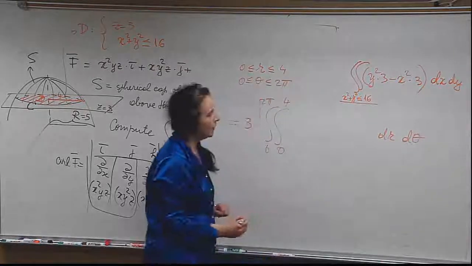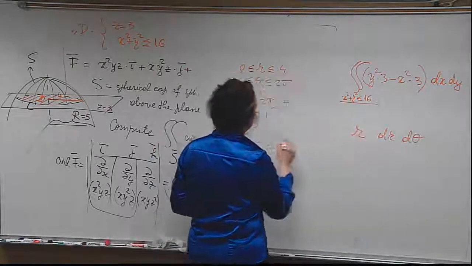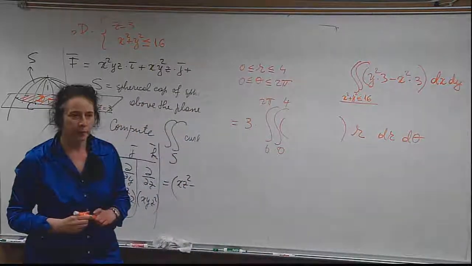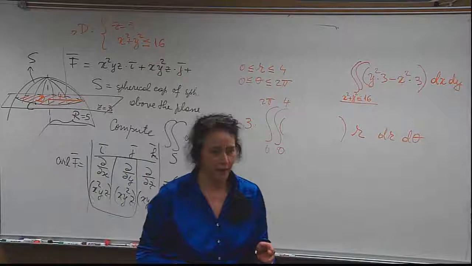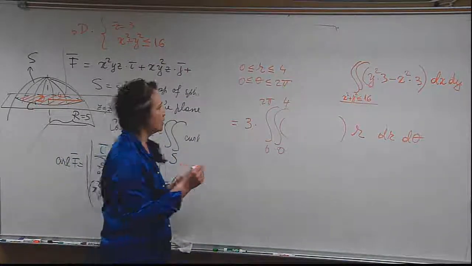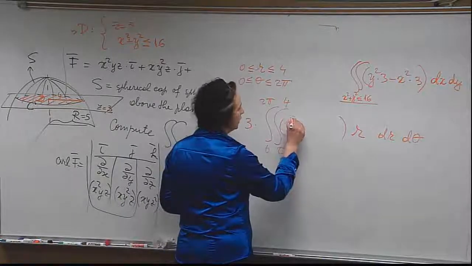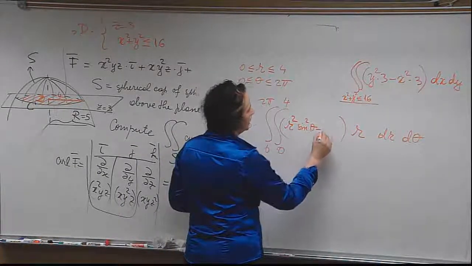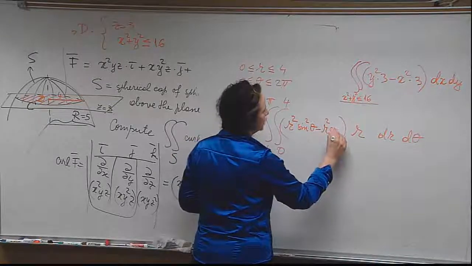Knowledge is power. What's missing? R. A 3 got out, and here I have to pay attention to what you told me, Magdalena: why is it r sine theta, not r cosine theta? I'm grateful. This is r squared sine squared theta minus r squared cosine squared theta.